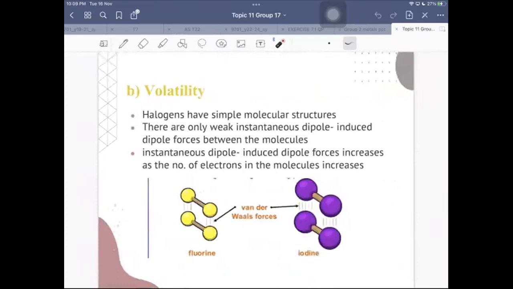What is the reason behind this? Since volatility is related to the boiling points, you have to go back to the factors that affect the boiling point of your molecules. And going back to topic 3 and 4, since all your group 17 elements are simple molecular structures, that means during the boiling process, we are only breaking the intermolecular forces. And the intermolecular force that's present between the molecules of your group 17 elements is the ID force, okay?